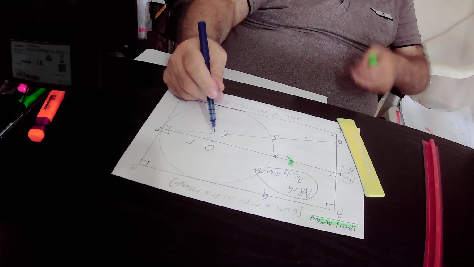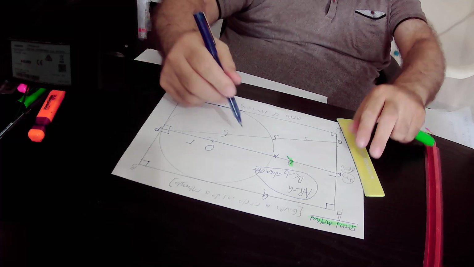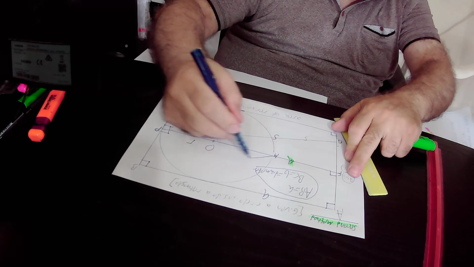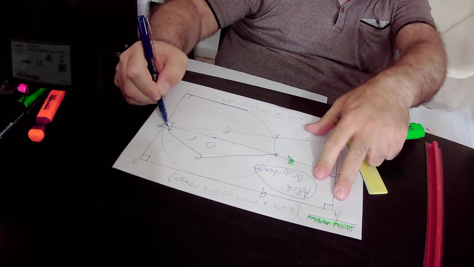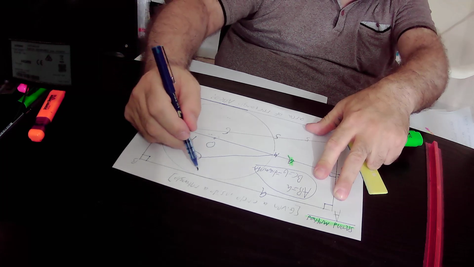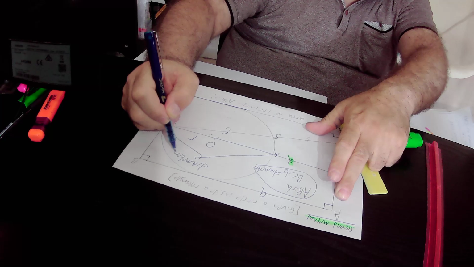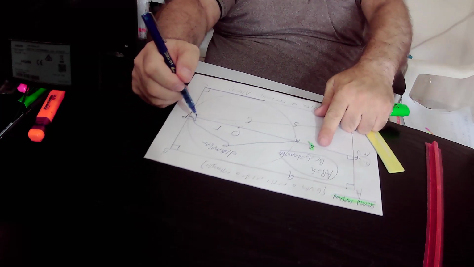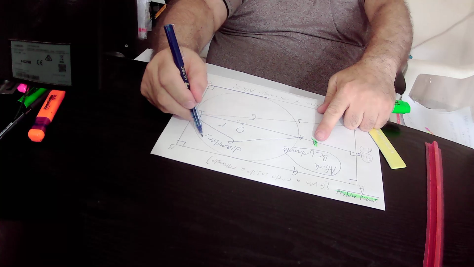Any chord that passes through the center of the circle is the diameter of the circle. So chord MP is the diameter of the circle. And we already found out that the diameter of the circle equals B.